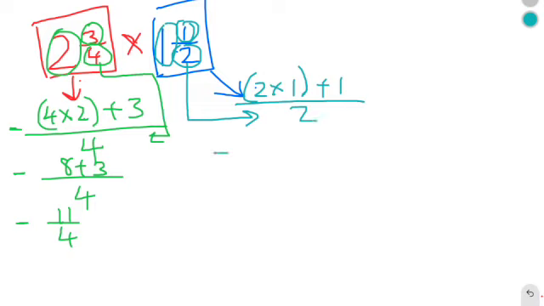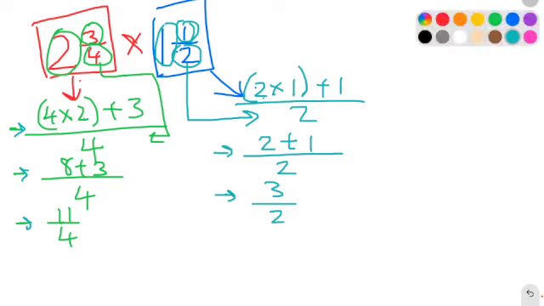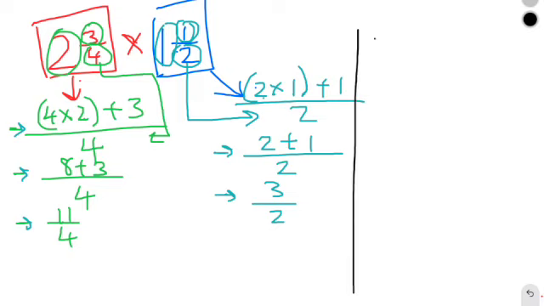And so if you solve it, 2 times 1 is 2, plus 1 divided by 2. And 2 plus 1 is 3, so 3/2. So now that we have converted all of our mixed numbers into improper fractions, our problem now looks like 11/4 multiplied by 3/2.